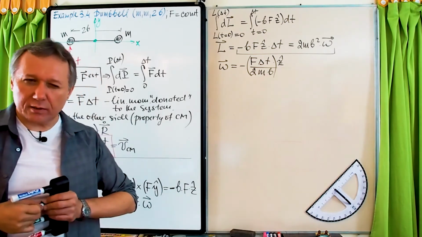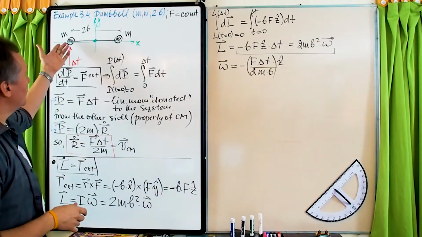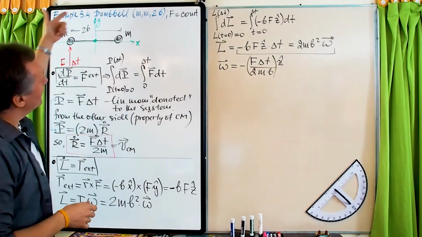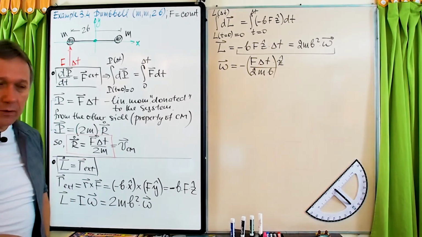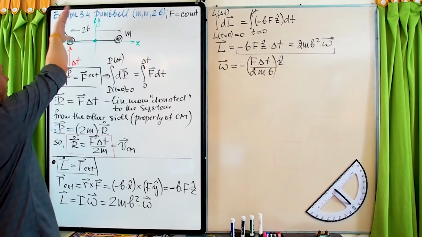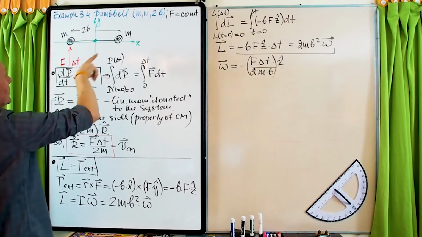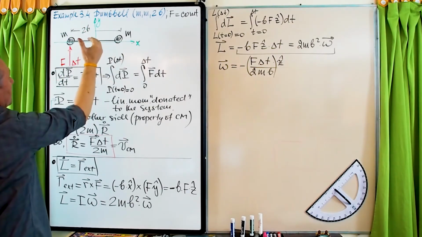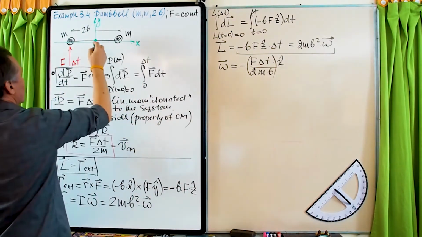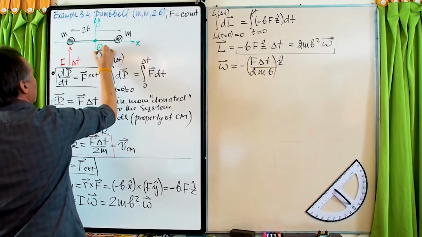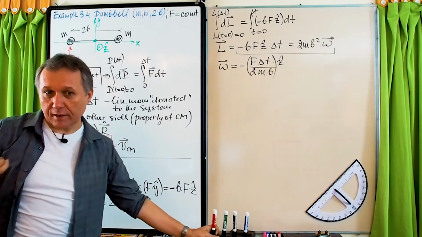Let's quickly check, does it make sense? Of course, we know from our everyday experience that the system is going to spin in a clockwise direction, right? Let me show the z direction first. xyz, z is that way, the direction of z in a right-handed coordinate system.